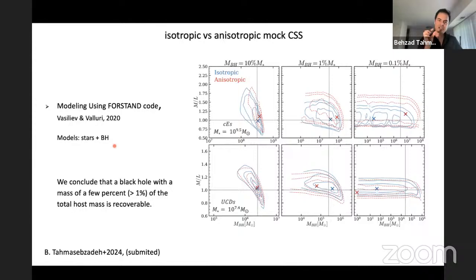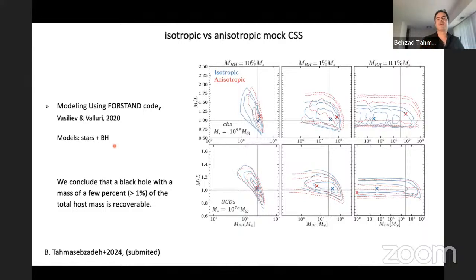So in the very central region, it's hard to see the effect of the dark matter. So we are fairly sure that we can ignore the dark matter because we cannot constrain it. The kinematic data cube is extremely small.